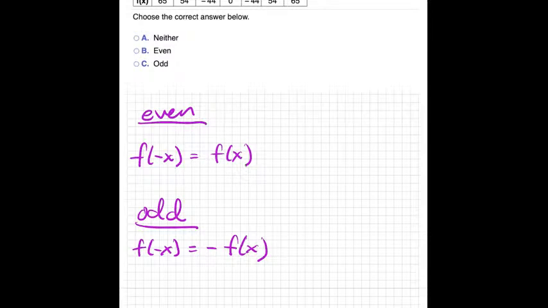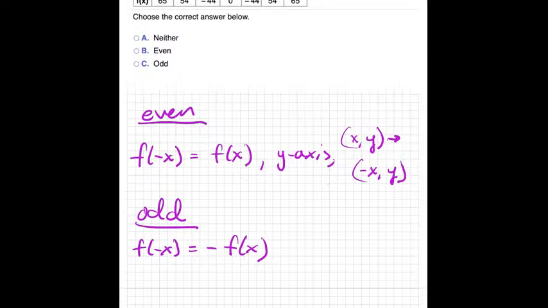Another way that we can articulate even is y-axis symmetry. Also, whenever we have x comma y, we also have negative x comma y.